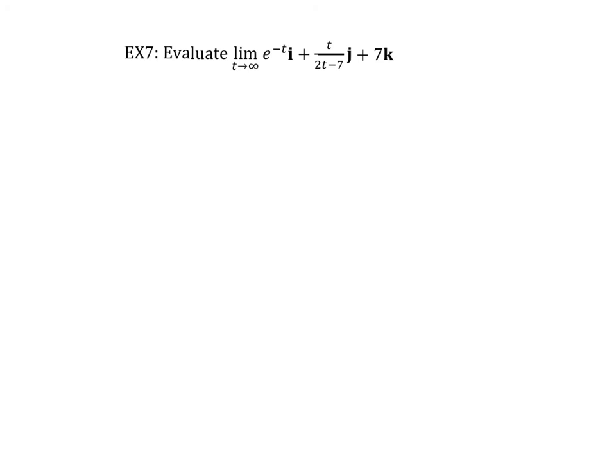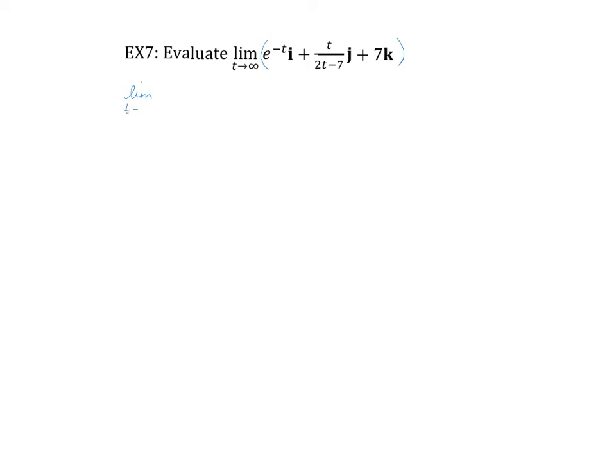So let's take the limit of each piece. You could write this as a vector, or if you don't feel like writing it as a vector, you have to distribute this limit to all the pieces. So this is just proper form.